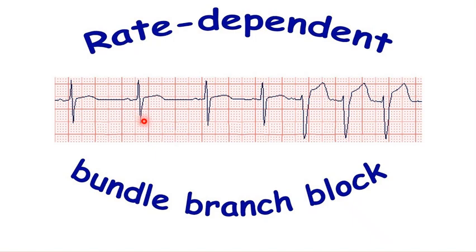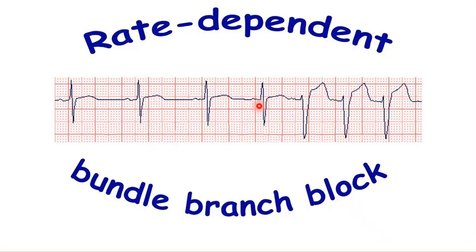When you see an intermittent or rate related or rate dependent bundle branch block, what happens is that when the rate speeds up, it actually kind of catches one bundle or the other in its refractory period. So at that moment, it doesn't respond.